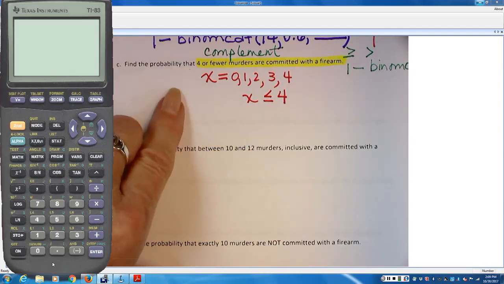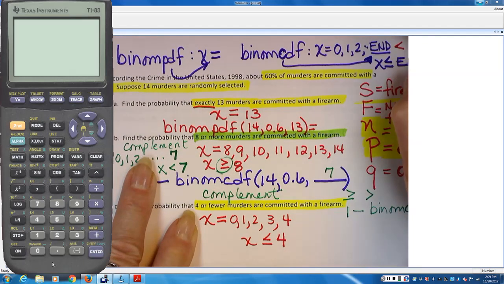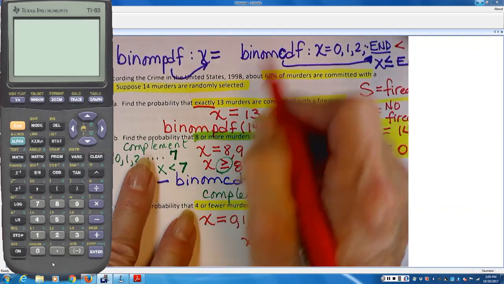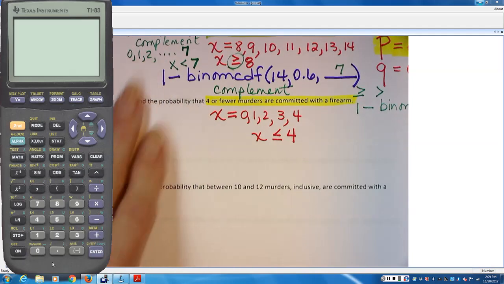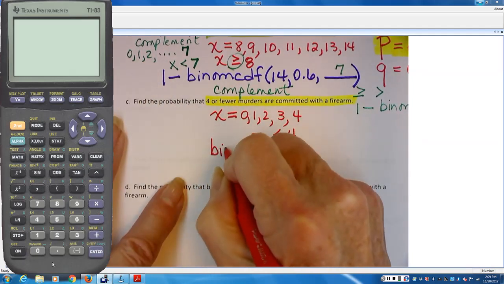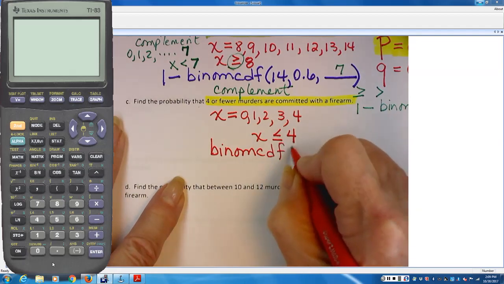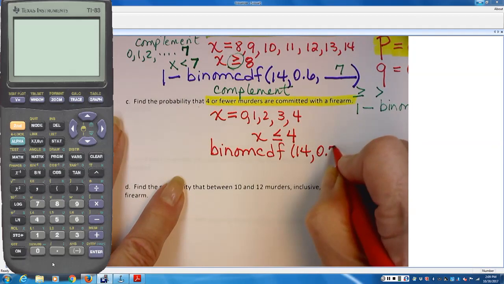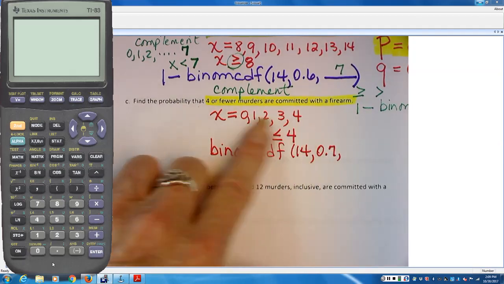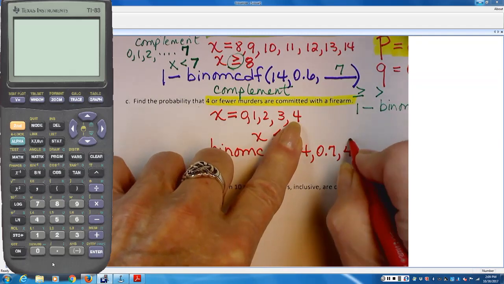If it's less than or equal to, you don't need the 1. You just need binomialcdf. N is still 14, P is still 0.7, 4 or fewer, add up 0, 1, 2, 3, 4. 4 is included.